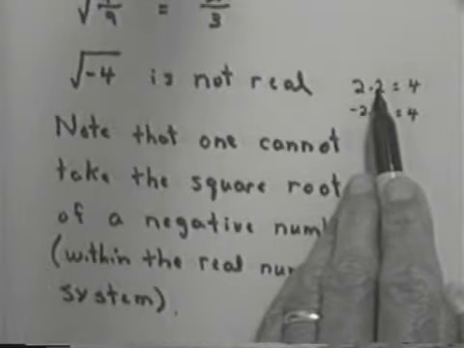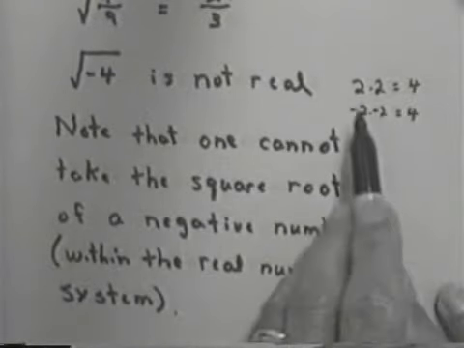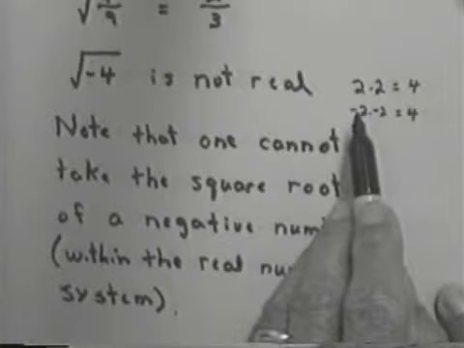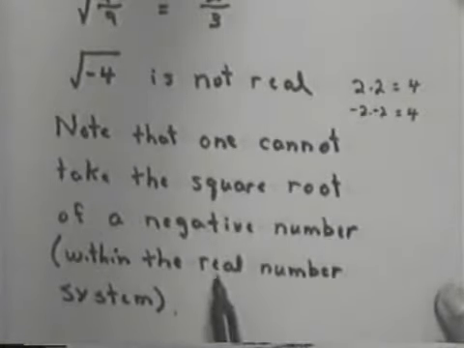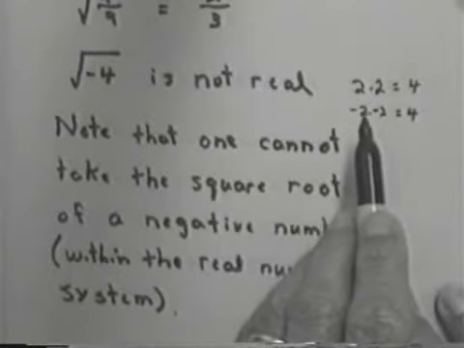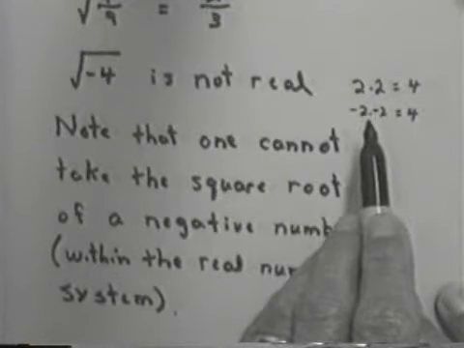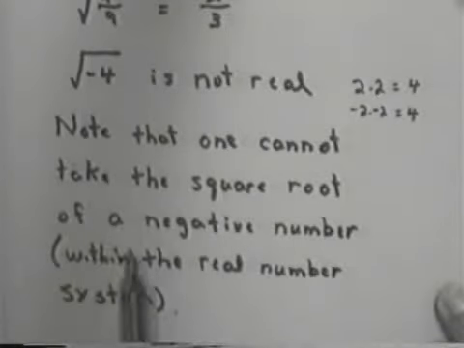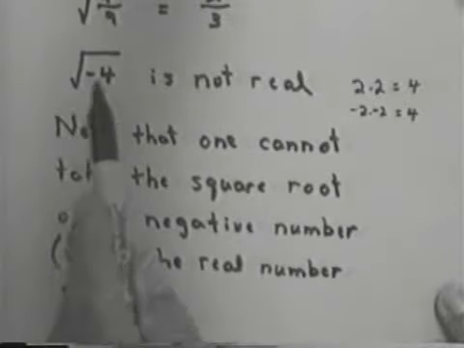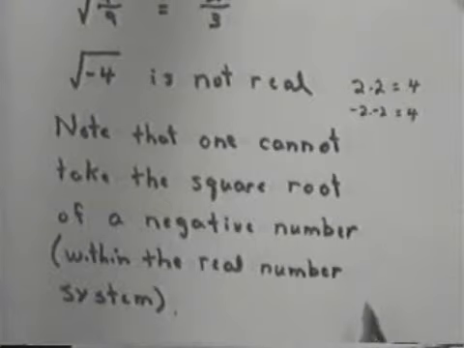If both of them are positive, the product is positive. If both of them are negative, the product is positive. So there is no way within the real number system to multiply two numbers and get something that is negative. So therefore, one cannot take the square root of a negative number.